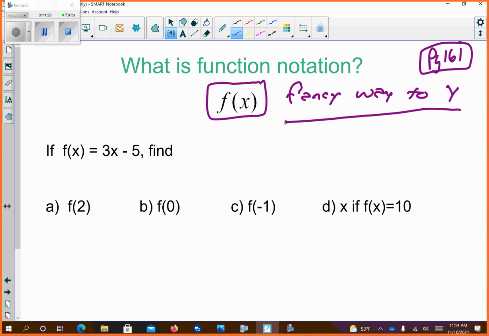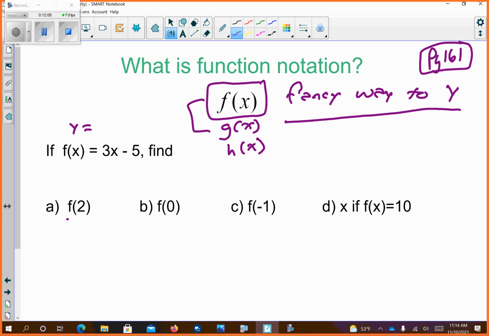If y is all the same letter, but if I use f at x and g at x and h at x and m at x, there's different ways you can label it. So this is a way that you can name different linear functions, different lines, by using, you might see f at x, you might see g at x. These are the main ones that you go back and forth with. Sometimes you might use h at x. They all mean the exact same thing. They mean y. So this means y equals negative 3x minus 5.